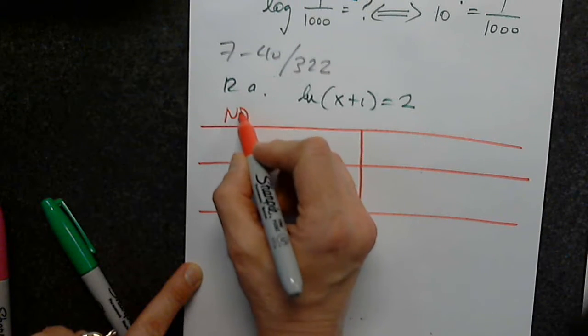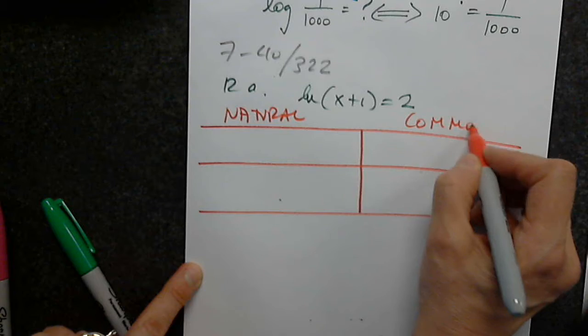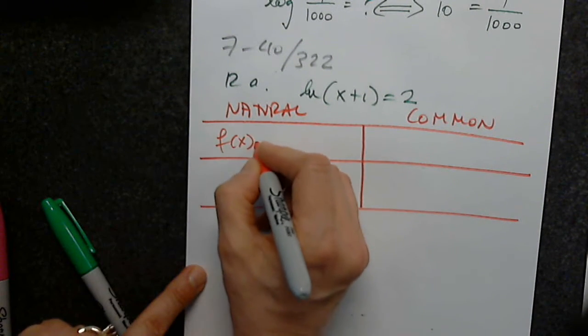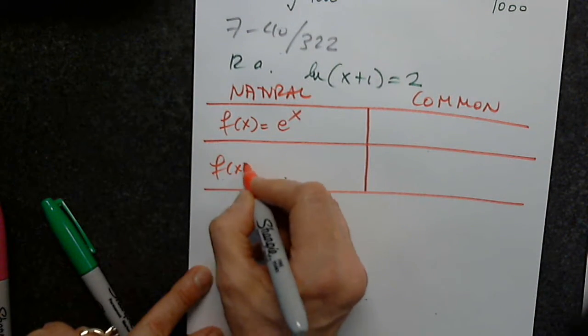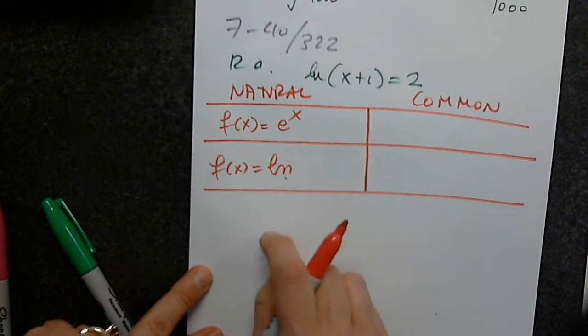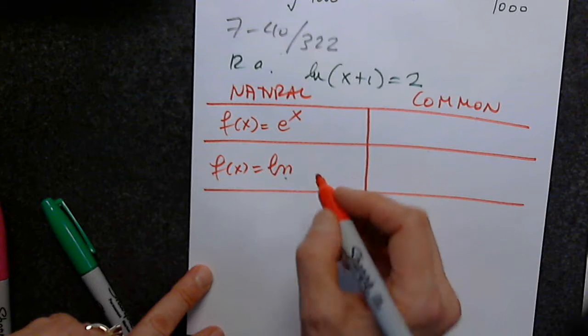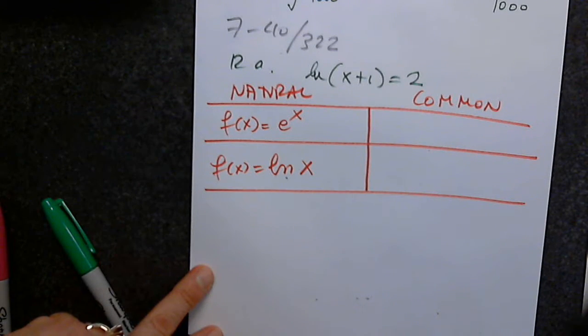So natural, common, the exponential function, the natural function, ln. It should be NL, but it's in German, so it's log natural, not natural log. So we kept that, ln.